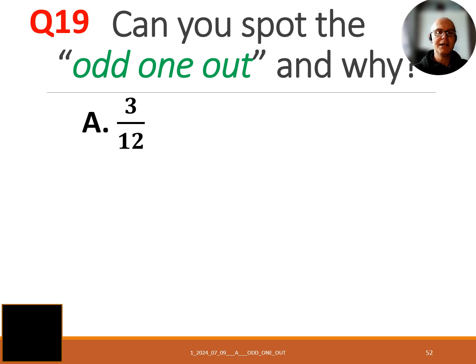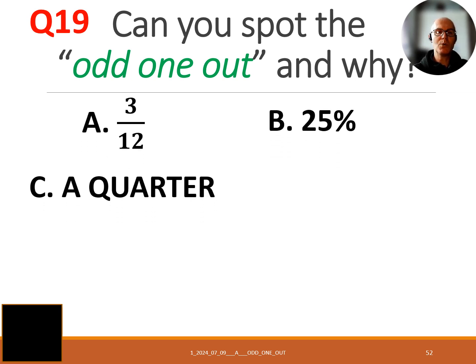Question 19. 3/12, 25%, a quarter and 3/4. What was the odd one out here and why?